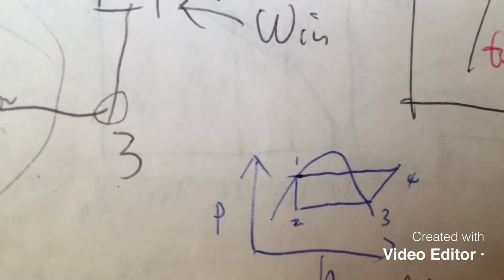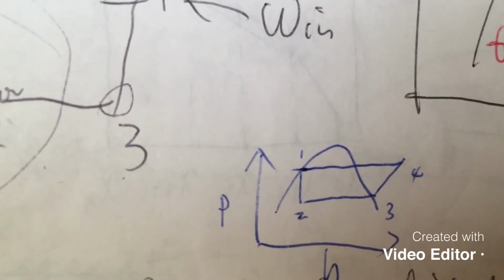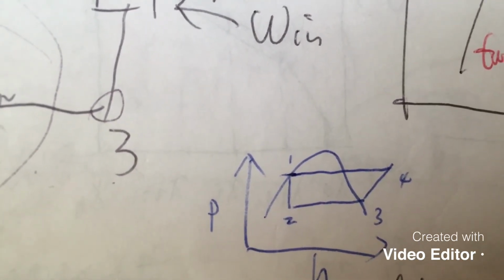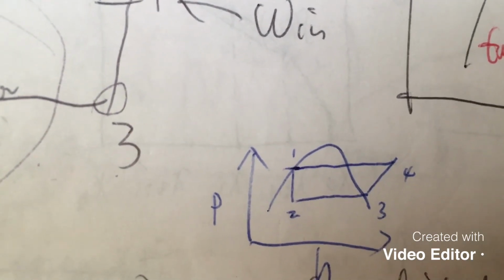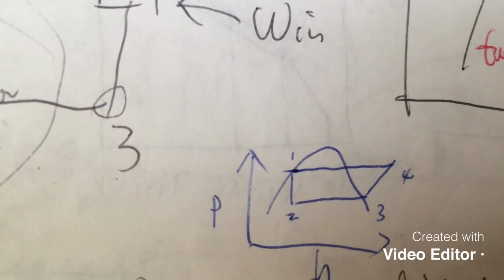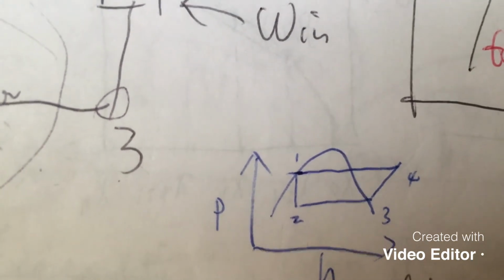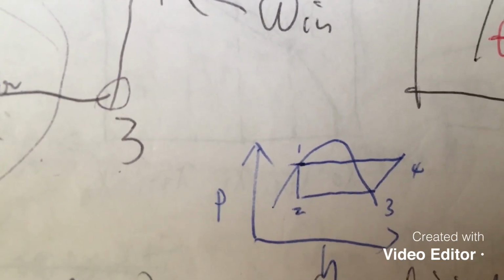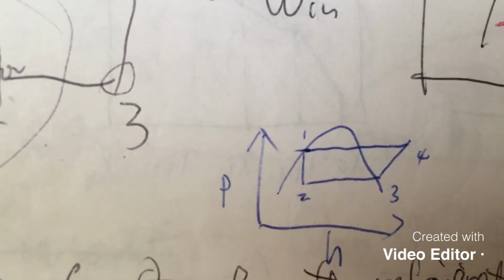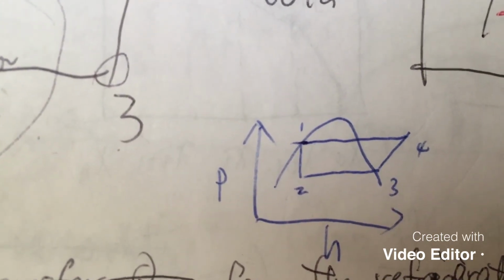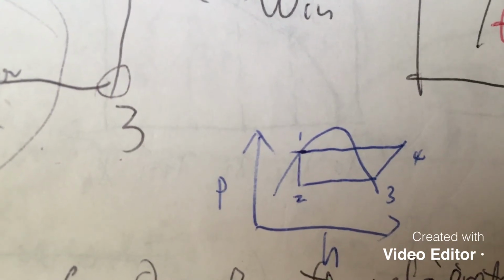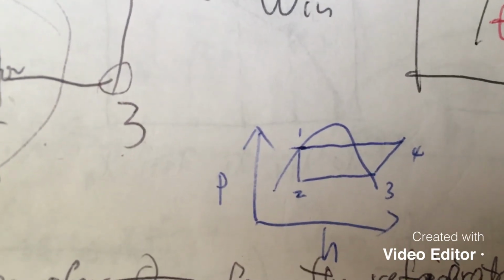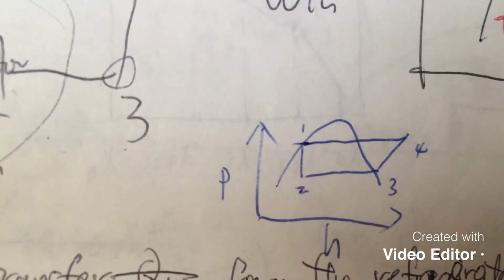Okay, so compare the temperature on the dome and the temperature actually inside the superheated vapor region. The ideal point and the actual point, the temperature difference is the so-called degree of superheat. Okay, so after you produce the pH diagram, you will see point 3, the temperature at point 3 compared to the ideal temperature on the dome. Okay, that's the degree of superheat.